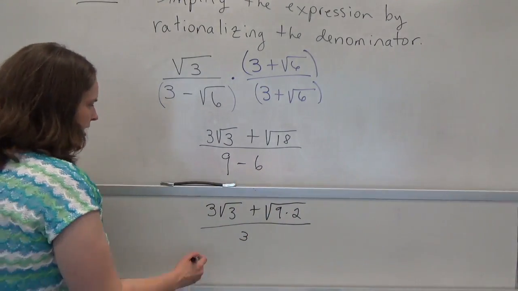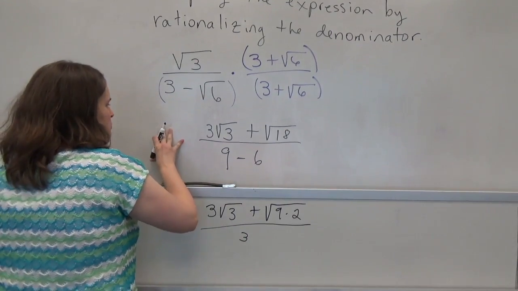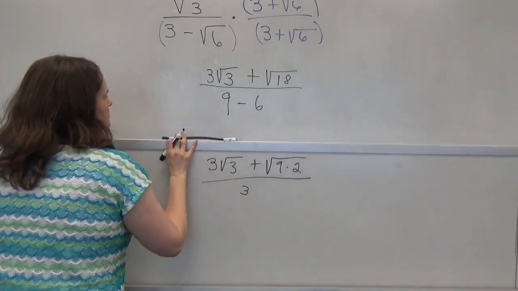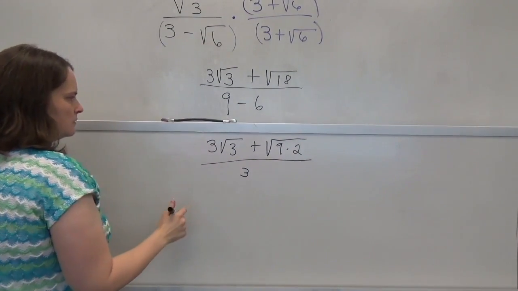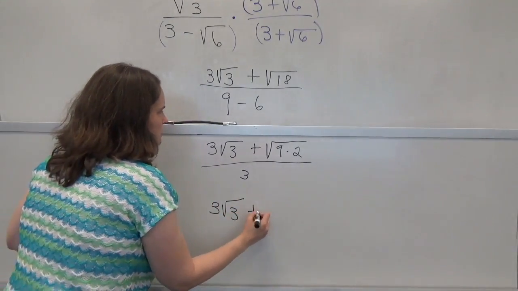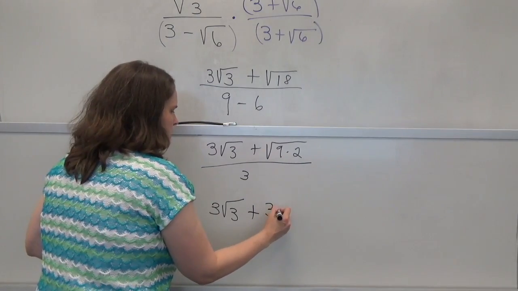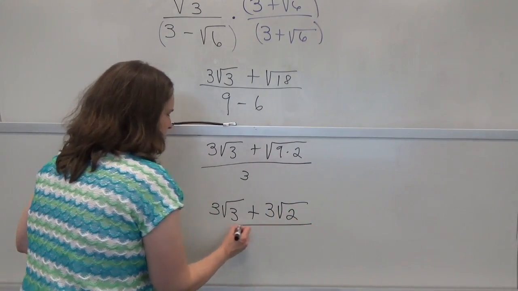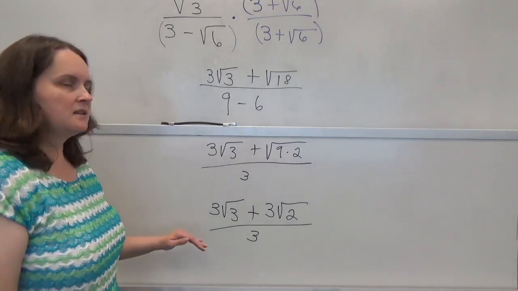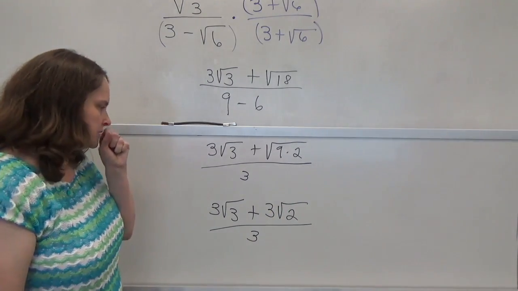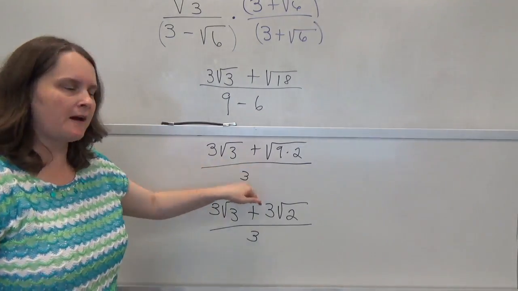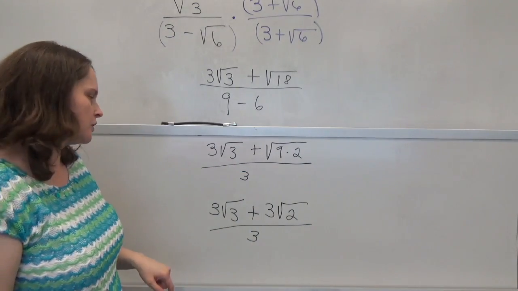All right, so now I have 3 square root 3 plus the square root of 9 is 3, and then 2 stays inside the square root, all over 3. This is not simplified. Each of these terms has a common factor of 3, so we need to simplify this further.